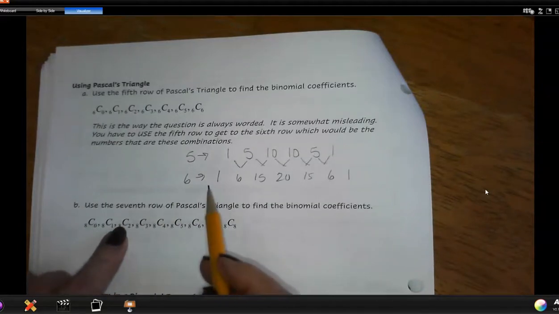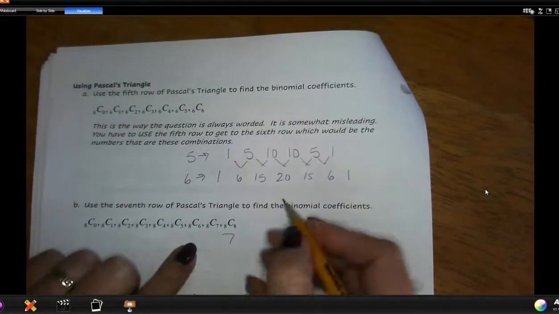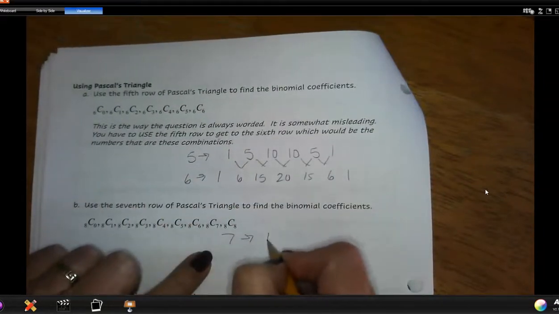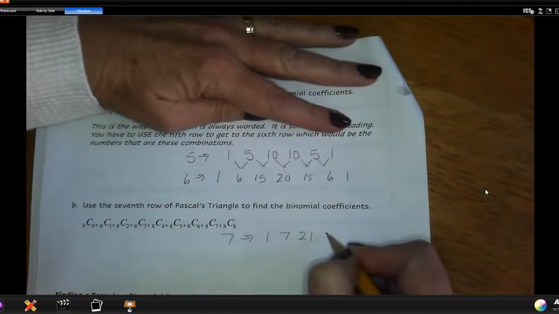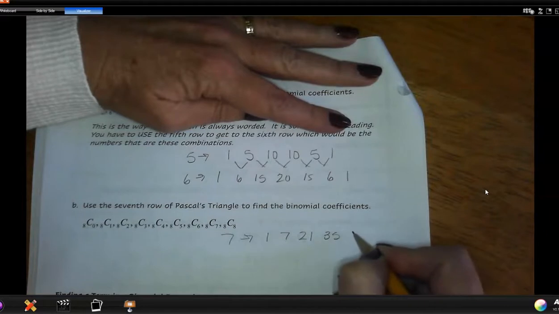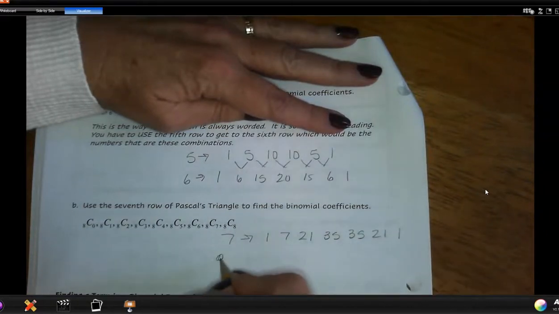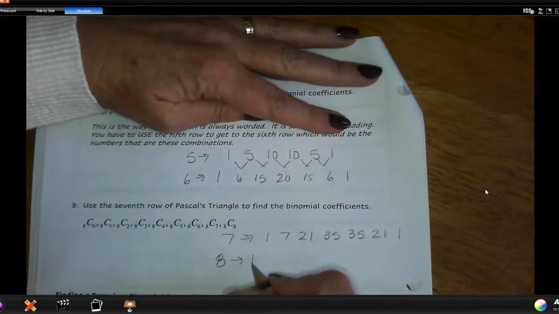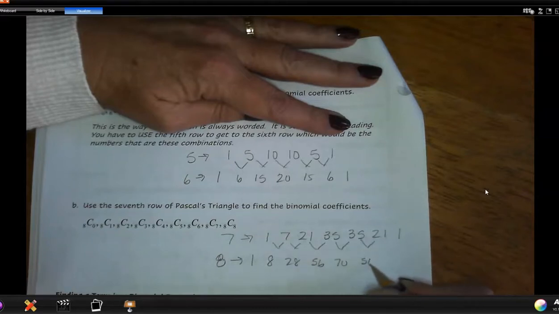Then it says use the seventh row to get to the eighth row. Luckily we have the sixth row right up here, so we can find our seventh row. 7 would be 1, 7, make sure I get this right, 21, 35, 35, 21, and 1, and then 8 would be 1, 8, 28, 56, 70, 56.